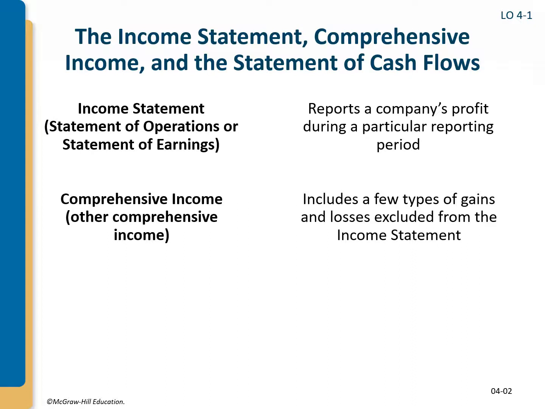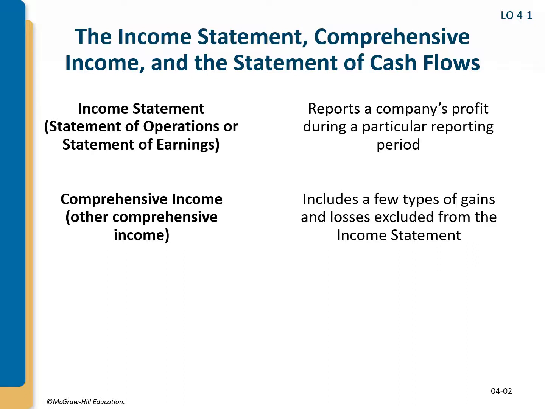So comprehensive income starts with net income, because that is part of comprehensive income, all income. And then there's these other items such as unrealized gains or losses on available for sale bonds that aren't allowed on the income statement, but are part of equity. They increase or decrease equity.